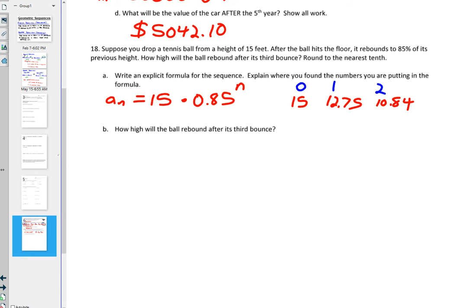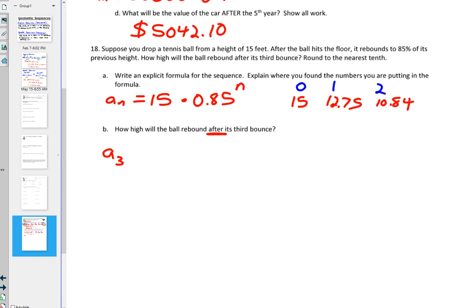Now, if they want to know how high the ball will rebound after its third bounce, if I were to keep on going, that's the number I would get. But since I already have a formula, instead of finding it recursively, let's find it explicitly. So let's do a sub 3.